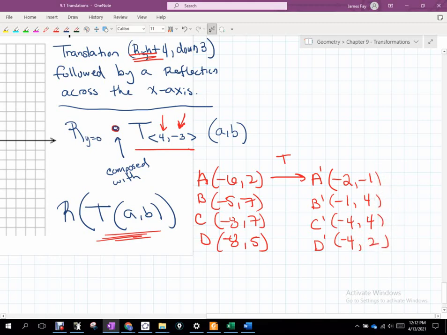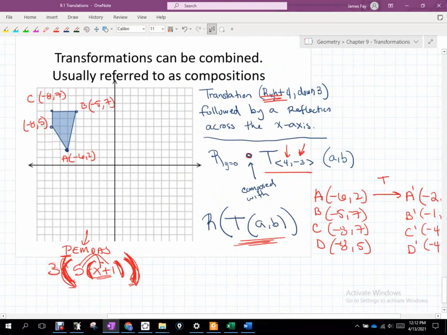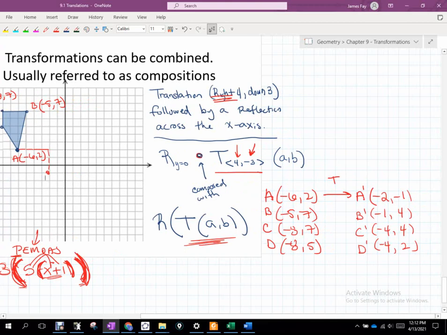Okay? So if you took every one of these points and moved it right 4 units, 1, 2, 3, 4, and then moved it down 3, and you got that point, then how do I get to that point from 0, 0? I go left 2, down 1. Is that what we generated right here? Left 2, down 1, right?